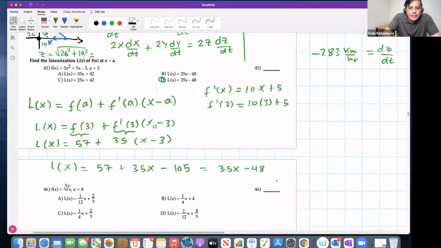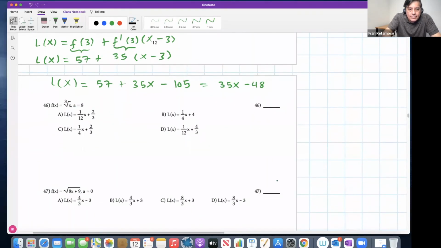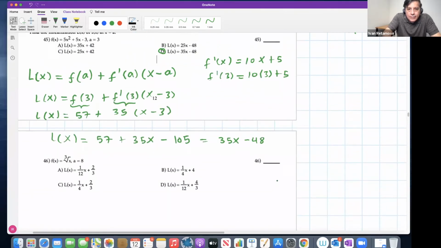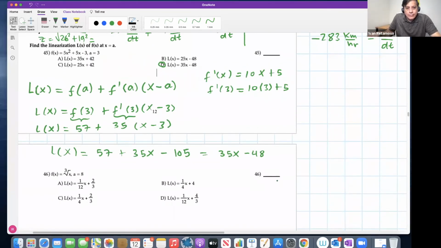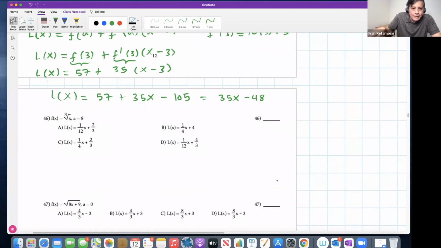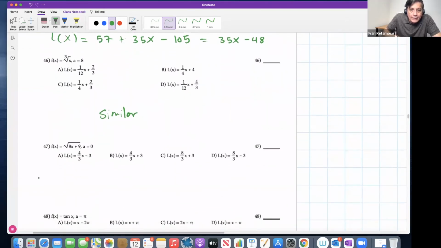Very good. Another linearization here. Yeah, question, Grace, 47. Yes. Yeah, for the right. Yeah, great, 47. Yeah, so this thing is similar. Let's go to 47, okay? Linearization should be the function evaluated at A plus the derivative evaluated at A multiplied by x minus A, right?